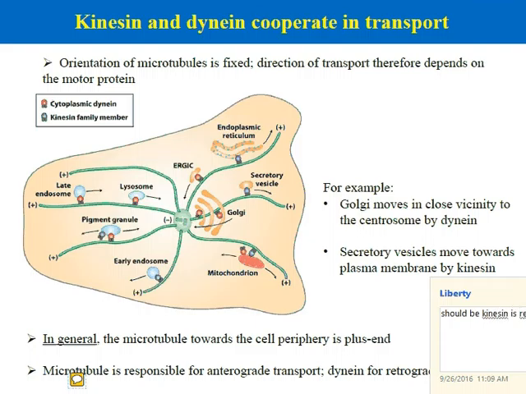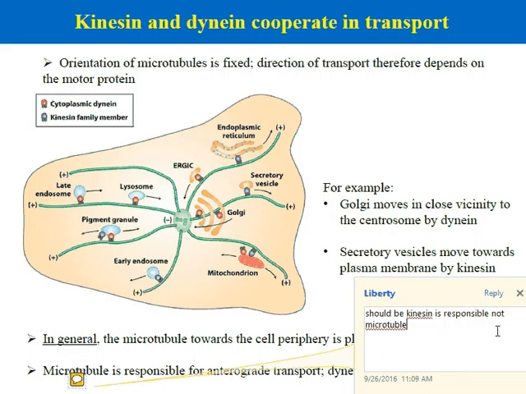So it's not always the plus end in the periphery. There are cases in which the minus end is on the periphery rather than the center of the cell. So as such, you can imagine that the transport in the dendrite is a little bit more complicated.